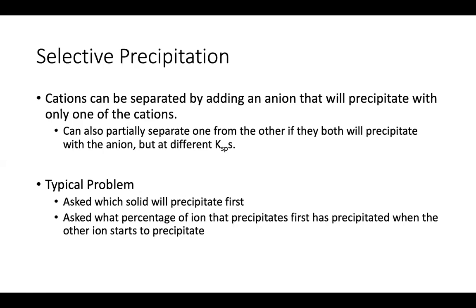And then you'll typically be asked what percentage of the ion that precipitates first has precipitated, or is in the form of a solid, when the other ion starts to precipitate. If that's confusing, challenge problem 3 from tonight directly hits on this point. I definitely recommend you all trying it.